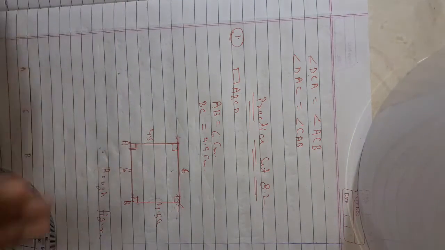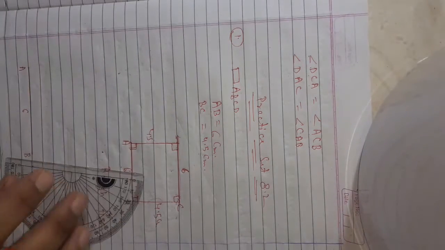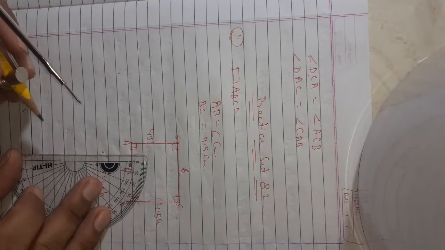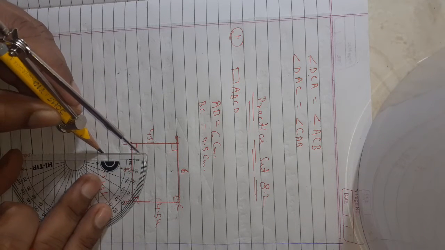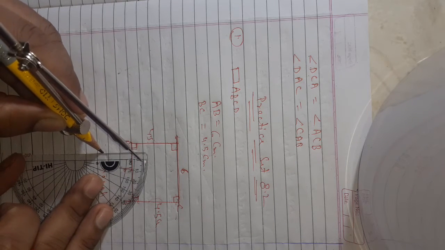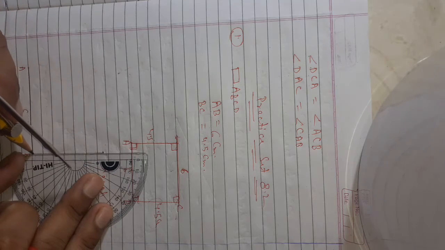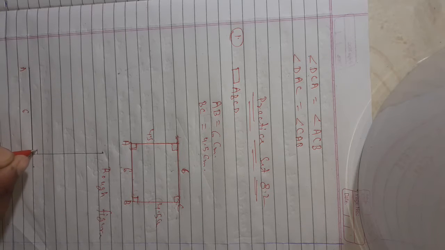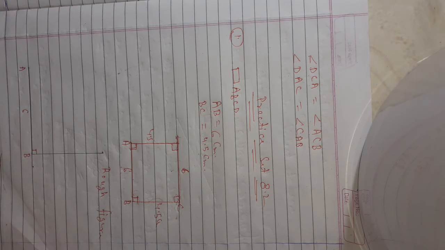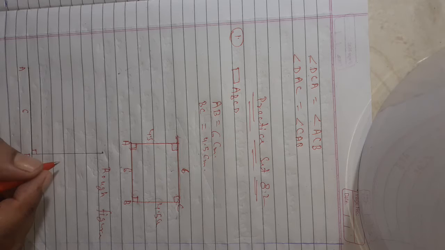90 degree. You just draw this line. 90 degree, and this is what?